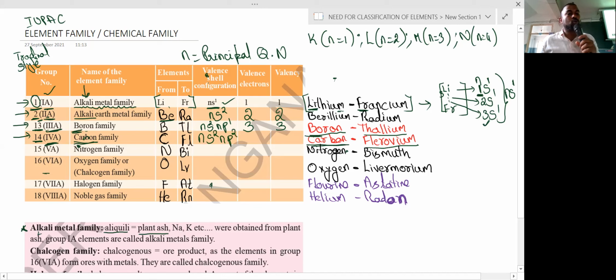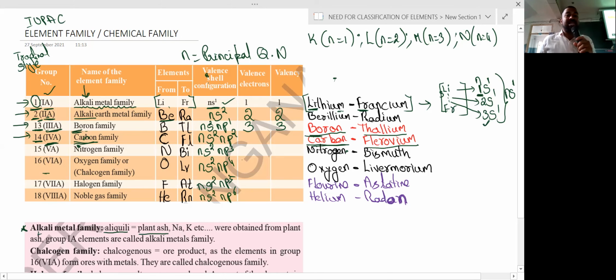Straight away, we can say the next is ns2 np3, and the next one is ns2 np4, and the next one is ns2 np5. In the same way, the next one is ns2 np6.